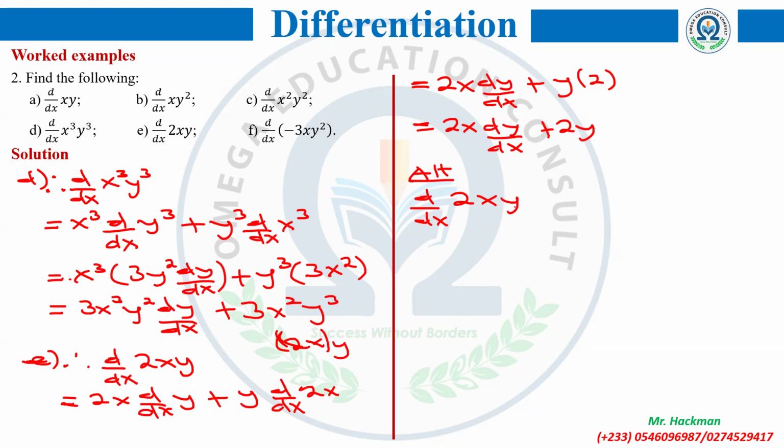All correct. Anytime you are differentiating and you have a constant, your differentiation usually affects variables. You differentiate with respect to variables. Then what you do is you can bring the constant out.